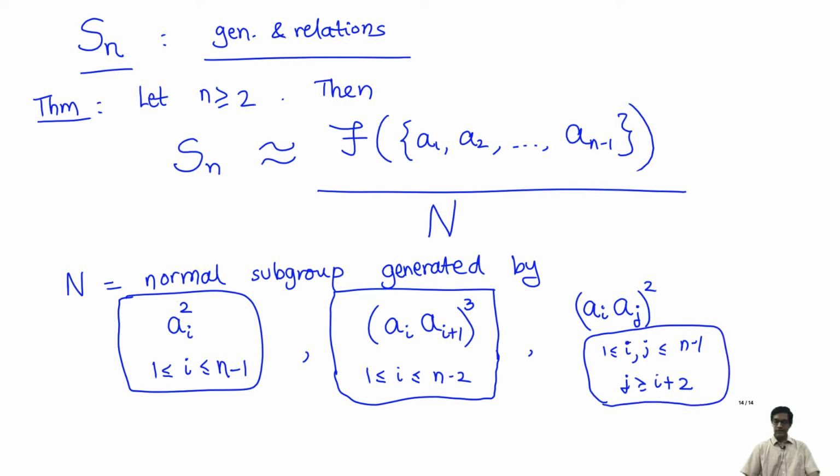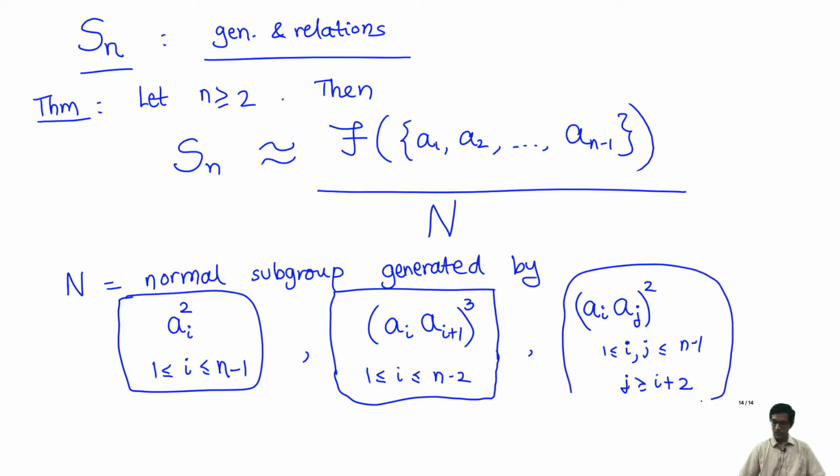This is the third collection of elements you need, and together they give you a set of elements, and the normal subgroup generated by this set is exactly going to be the kernel of the map from the free group to Sn.